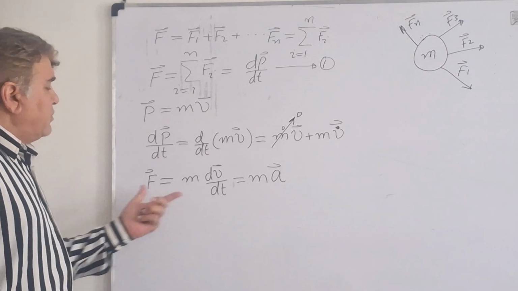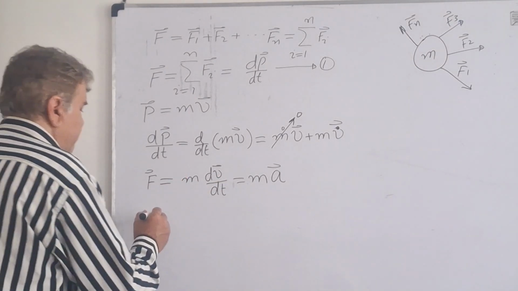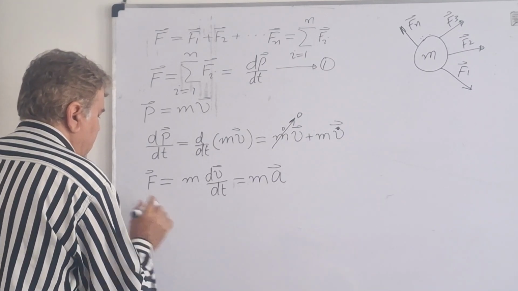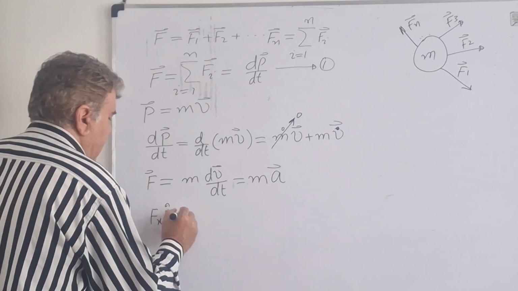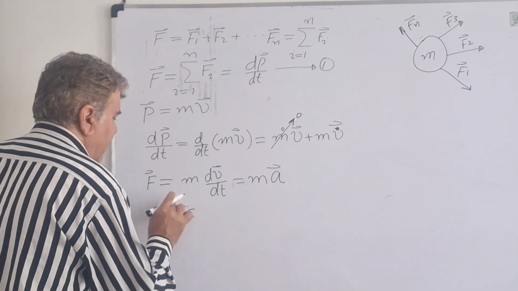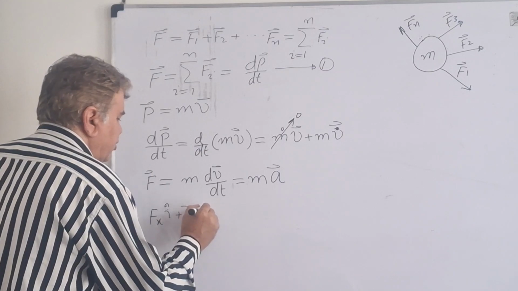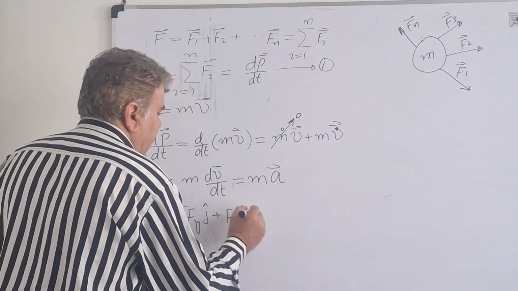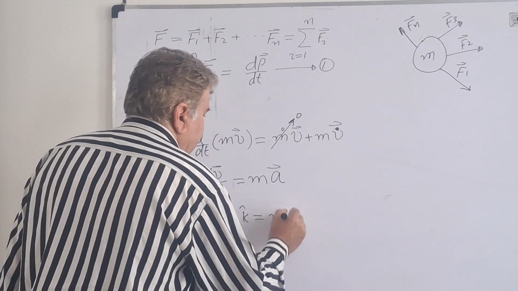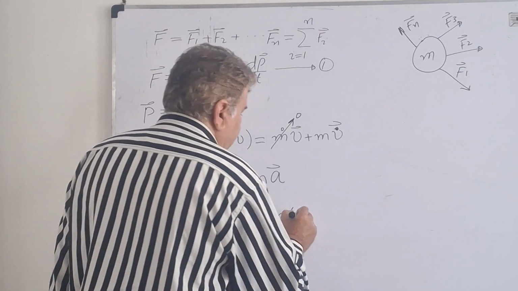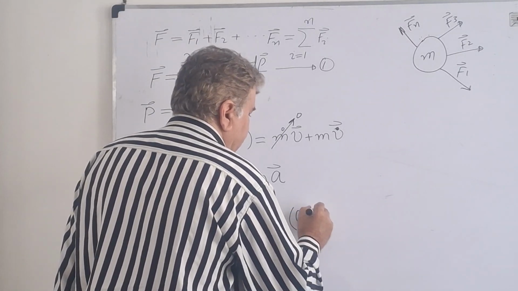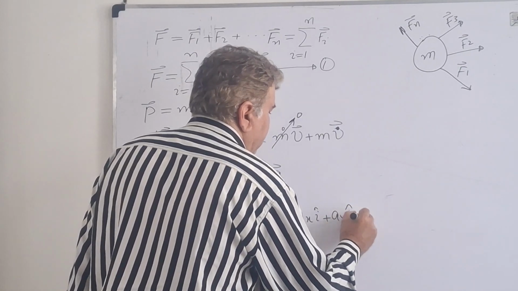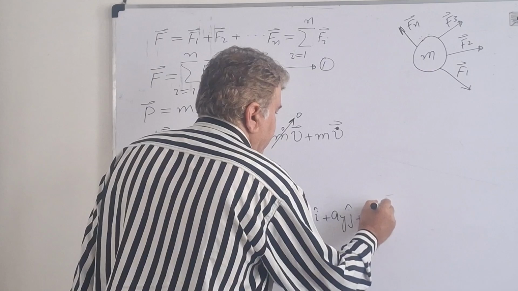Now I can write this equation in components form by writing f sub x unit vector i plus f sub y unit vector j plus f sub z unit vector k, and on this side I can write acceleration in its components form, like this: a x i plus a y j plus a z k.